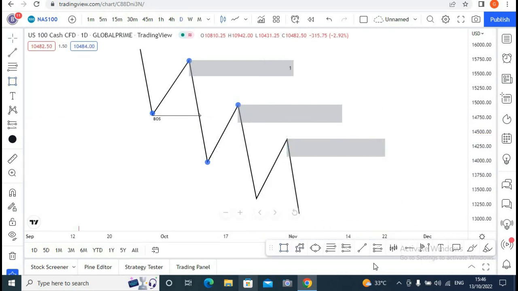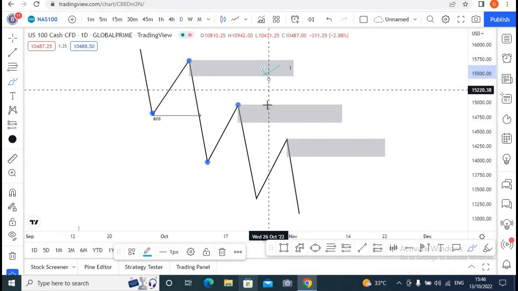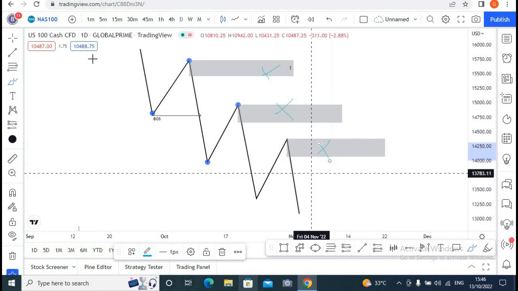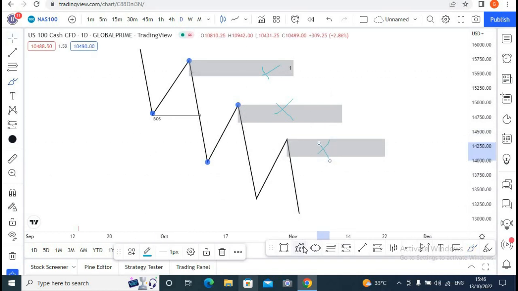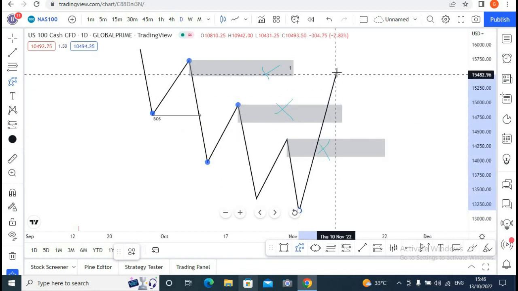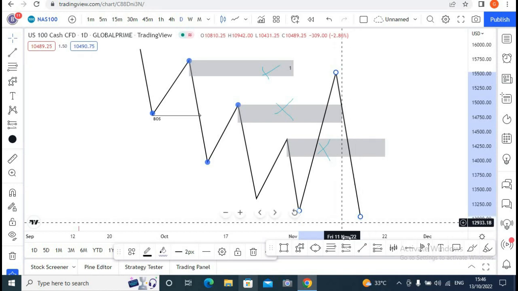And as you can see guys, the price is not coming back to this supply zone area, it's just rejecting, right? Sometimes that's where you can find the price giving you that impulsive move going to the upside, and then they can decide to go to the downside, something like this.